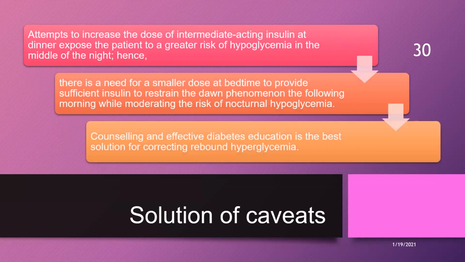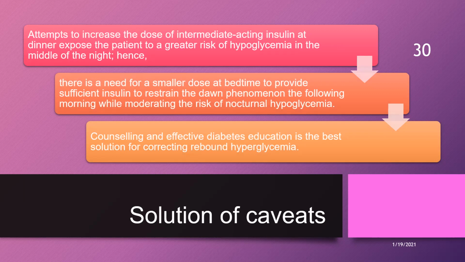So counseling and effective diabetes education is the best solution for correcting rebound hyperglycemia in both types of issues, whether it is dawn phenomenon or the Somogyi effect. You have to counsel the patient, tell the patient the reason behind it so that you can come up to a solution.